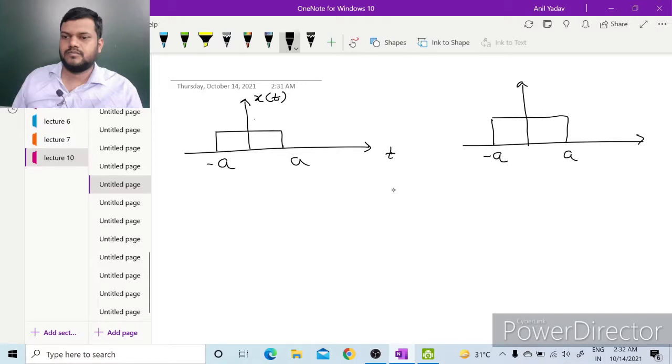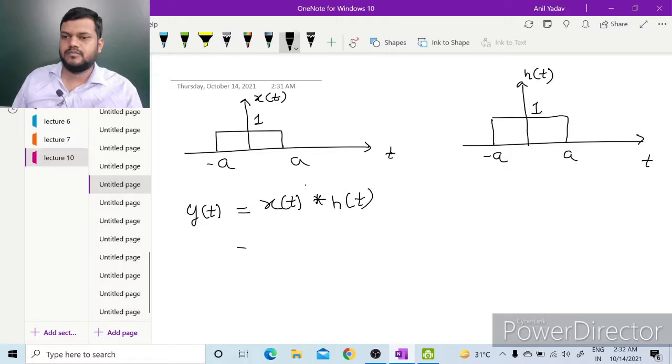Let us say the amplitude for both is 1. These both are given, means xt is given to an LTI system whose impulse response is ht, and we have to find yt. So yt will be the convolution of xt with ht.